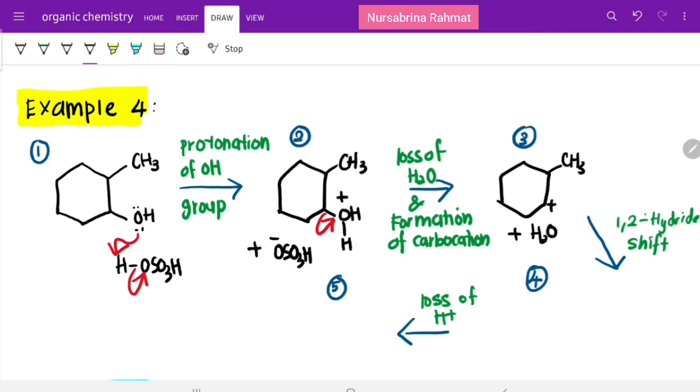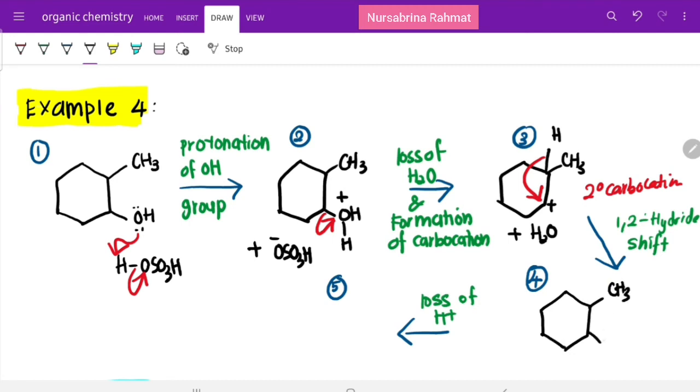From here we're going to do a 1,2 hydride shift because in this example we are making a secondary carbocation, and I want a more stable carbocation. So what will I do? I'm going to do a 1,2 hydride shift. This hydrogen here will be transferred to this carbon in the carbocation. So we are making a tertiary carbocation, which is more stable than your secondary carbocation.